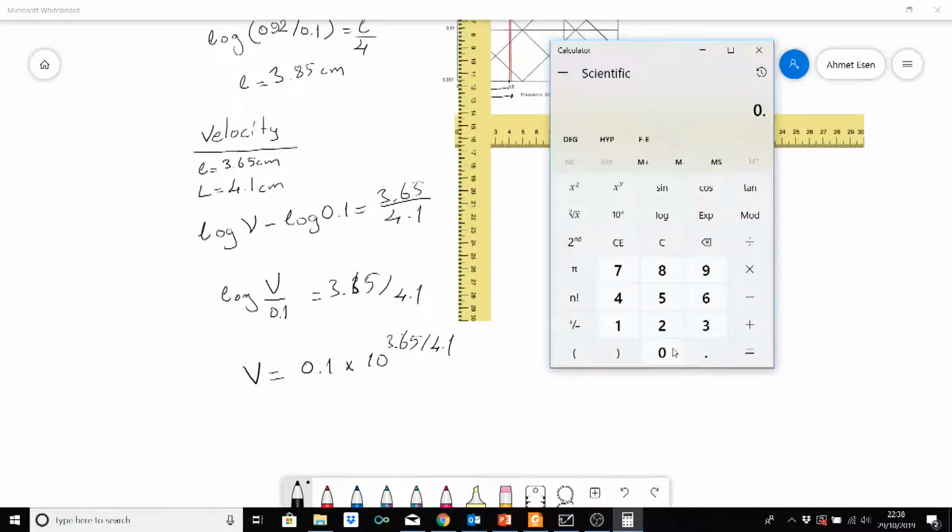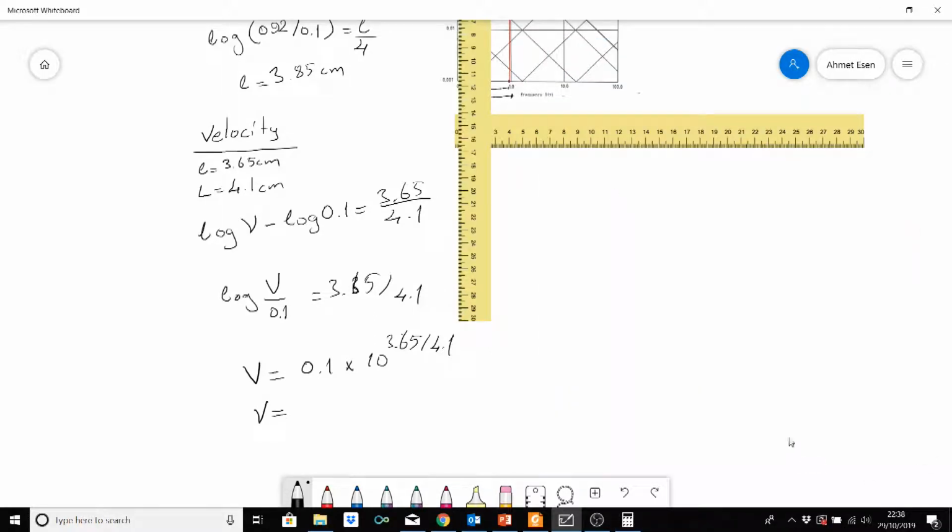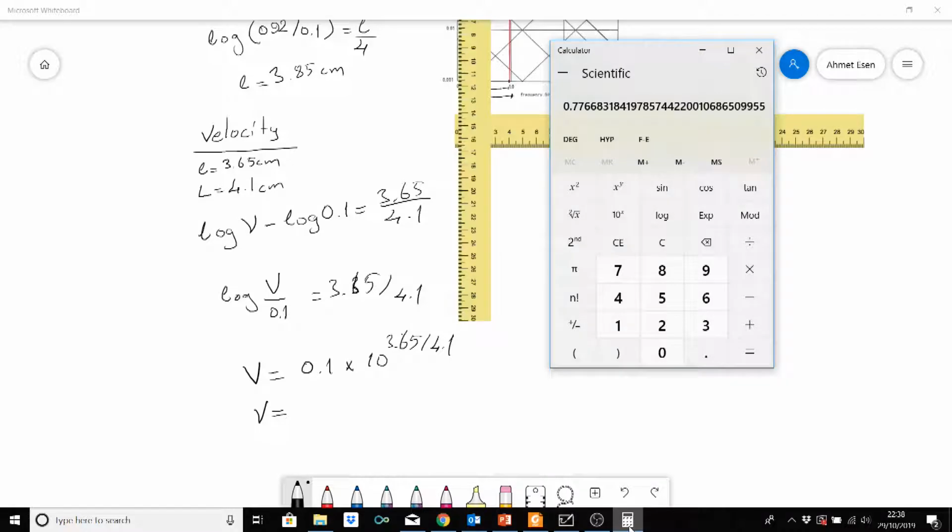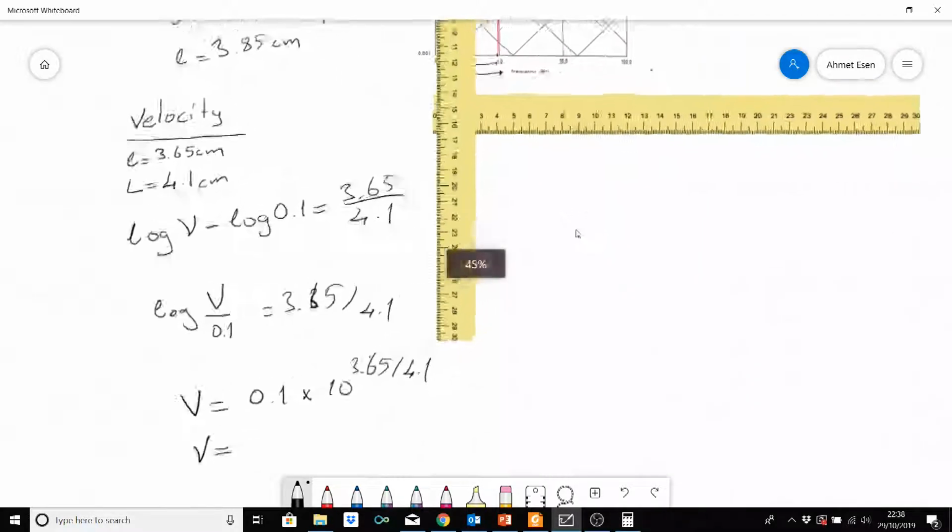So 0.1 times 10, it's gonna be power in parentheses 3.65 over 4.1. Let's close the bracket, enter, and v is equal to, what did you find in here? 0.776.